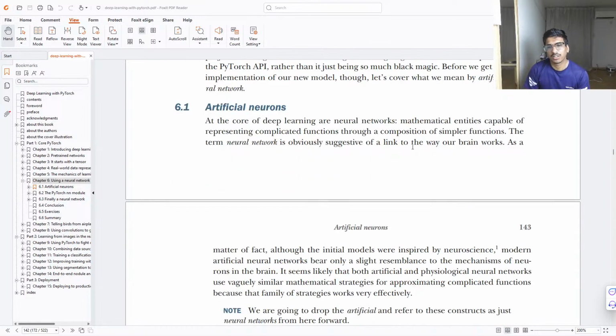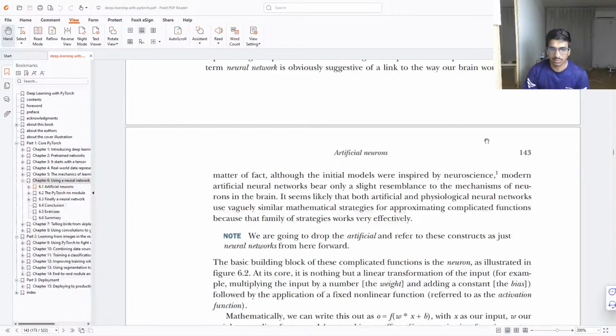At the core of deep learning are the neural networks, mathematical entities capable of representing complicated functions through a composition of simpler functions. The term neural network is obviously suggestive of a link to the way our brain works. As a matter of fact, although the initial models were inspired by neuroscience, modern artificial neural networks bear only a slight resemblance to the mechanism of neurons in the brain.